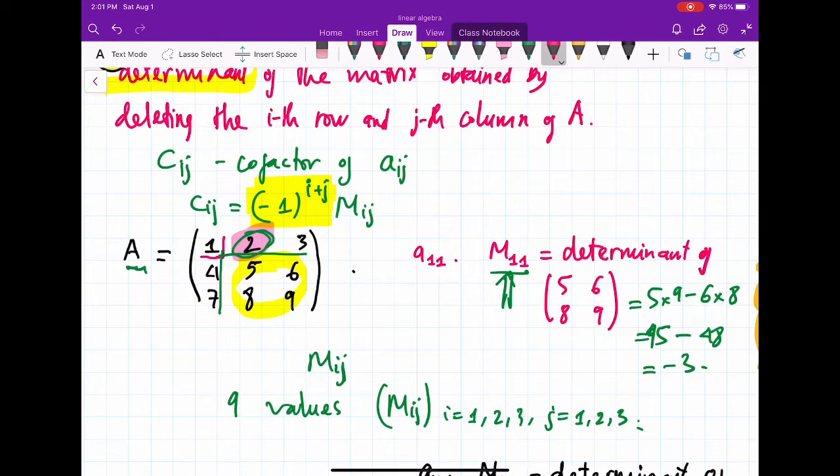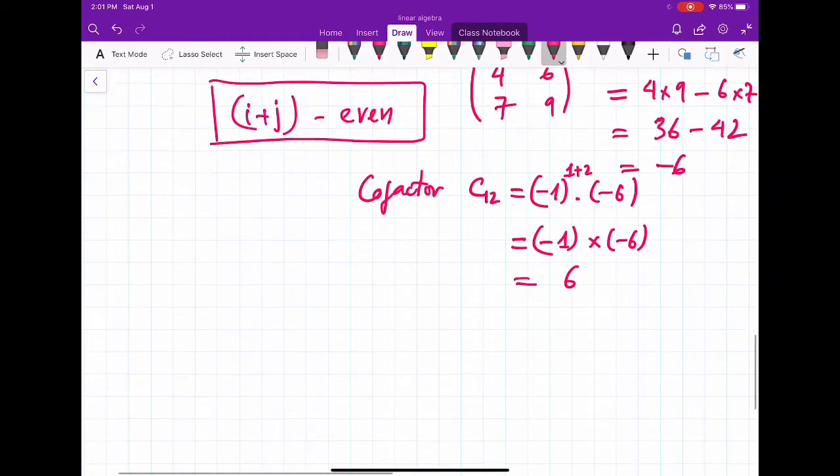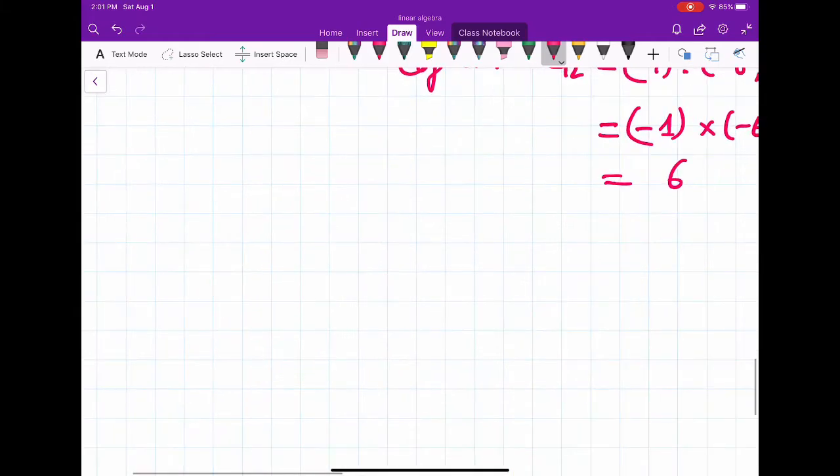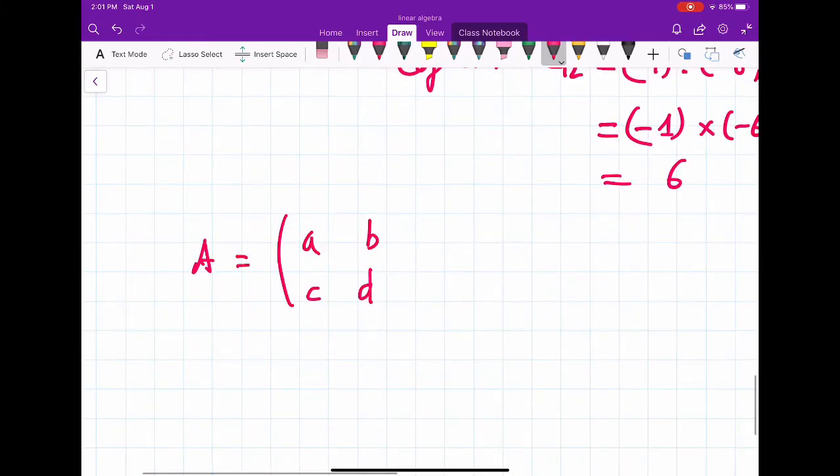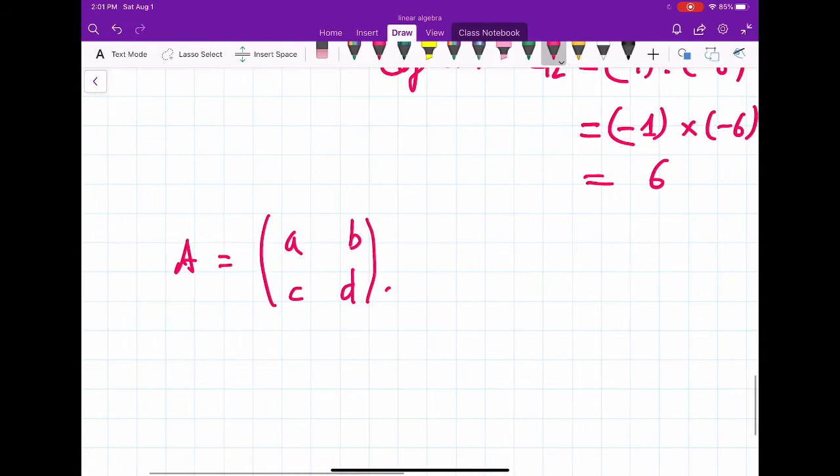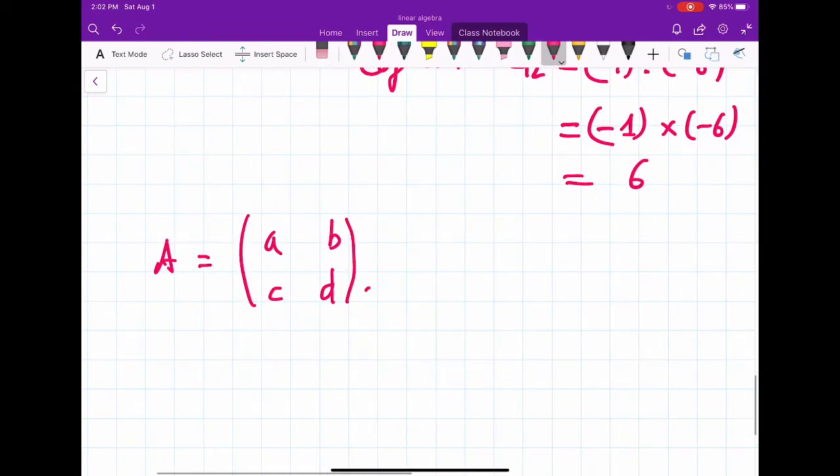Now let's go back to the 2 by 2 matrix. Let's say you have matrix A, B, C, D. Let's find cofactors of all entries and minors of all entries.